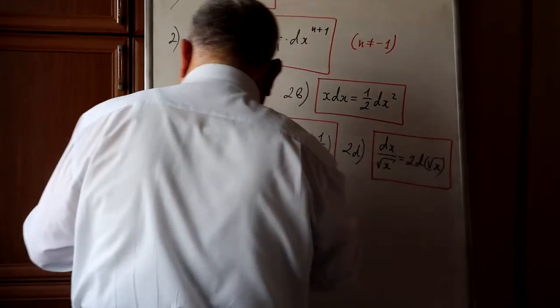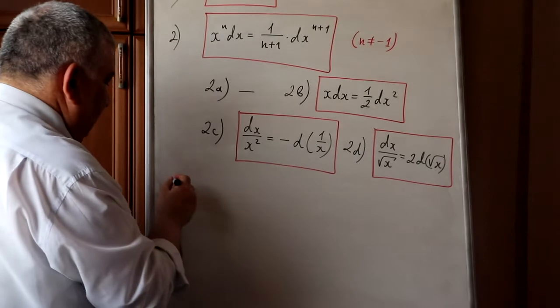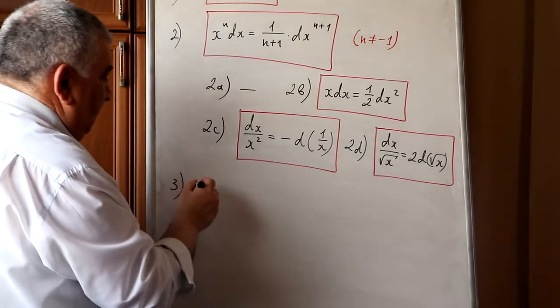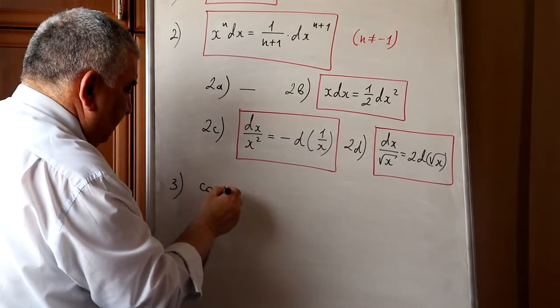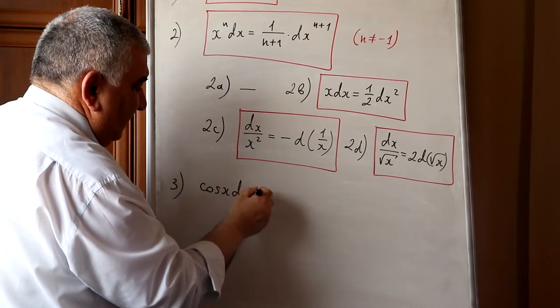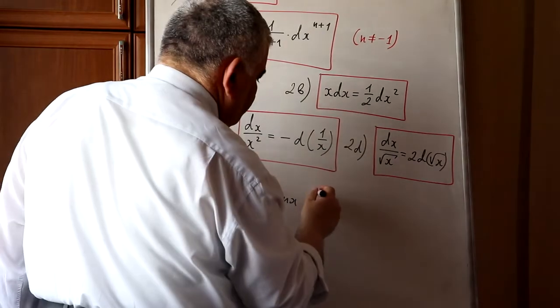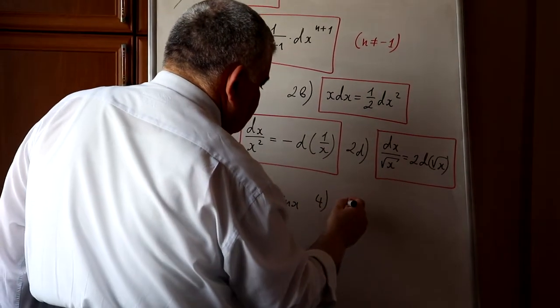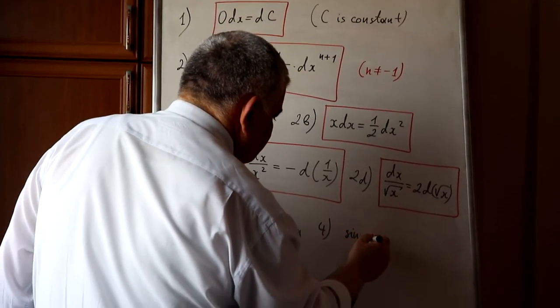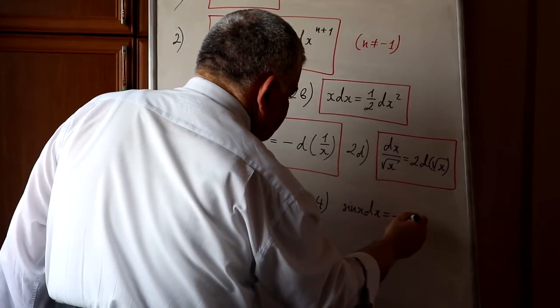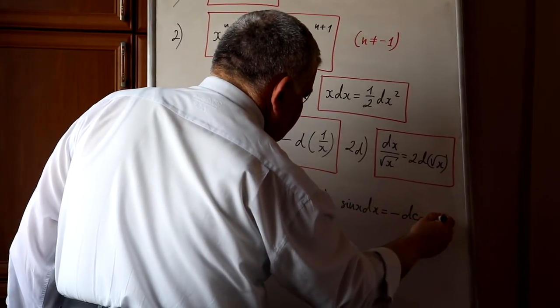Then continue. Third formula, cosine x dx is d sine x. Fourth formula, sine x dx is minus d cosine x.